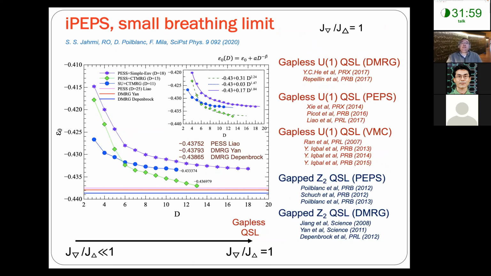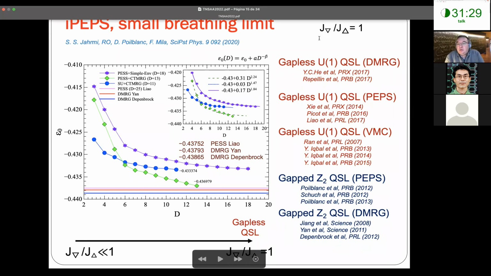Now, this is a summary of numerical results that we obtained with Said Jahromi, who I think was also talking in this conference, Didier Poilblanc, and also Frédéric Mila. We published that in SciPost already a year and a half ago. So this is a summary of what happens in the small breathing limit. The small breathing limit is essentially the isotropic limit, where you have the same coupling for upper and lower triangles.